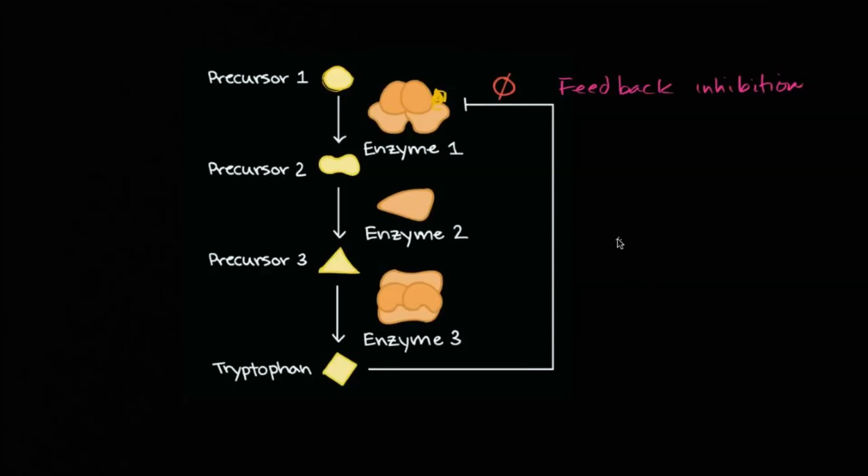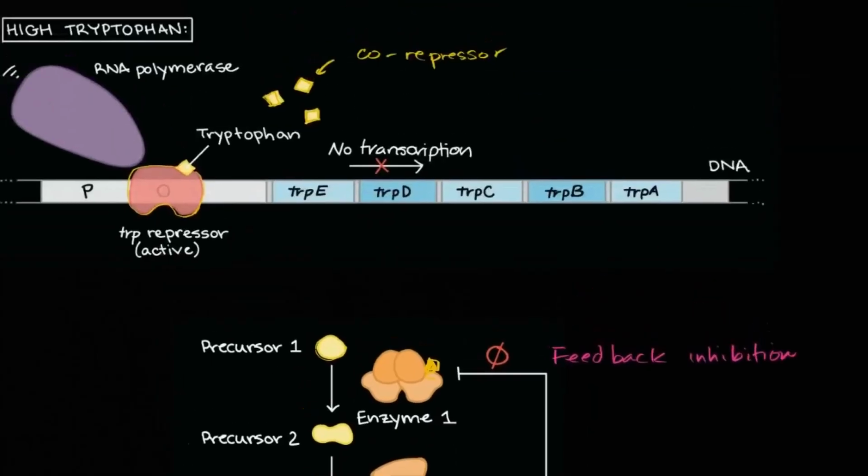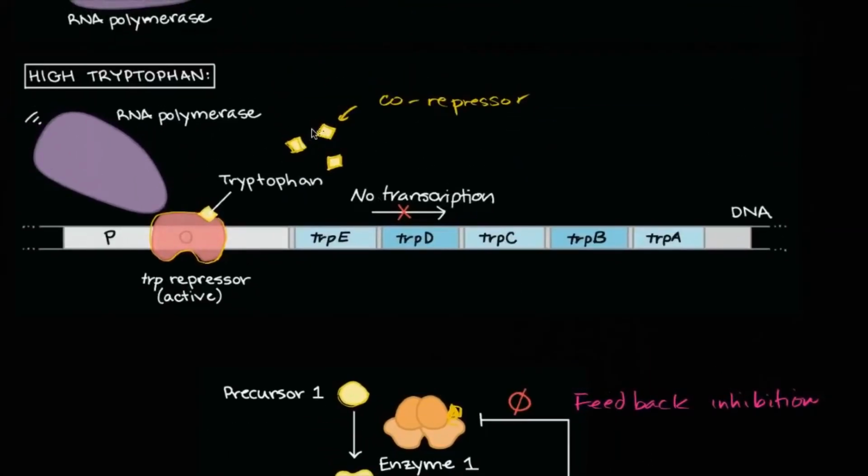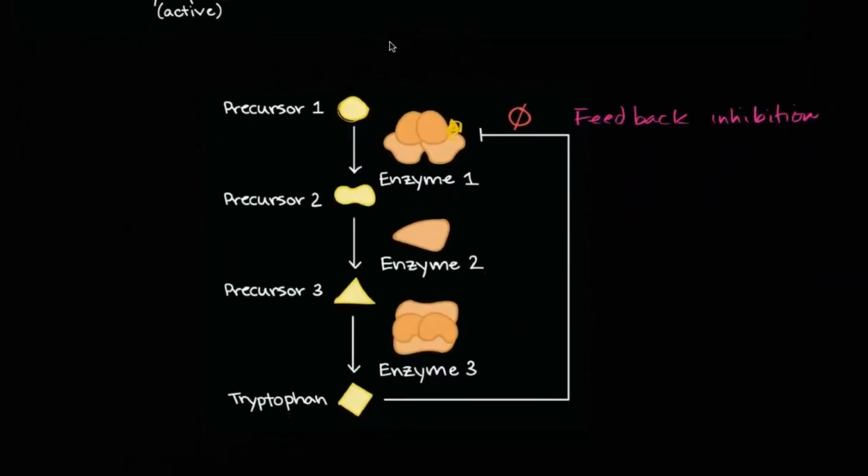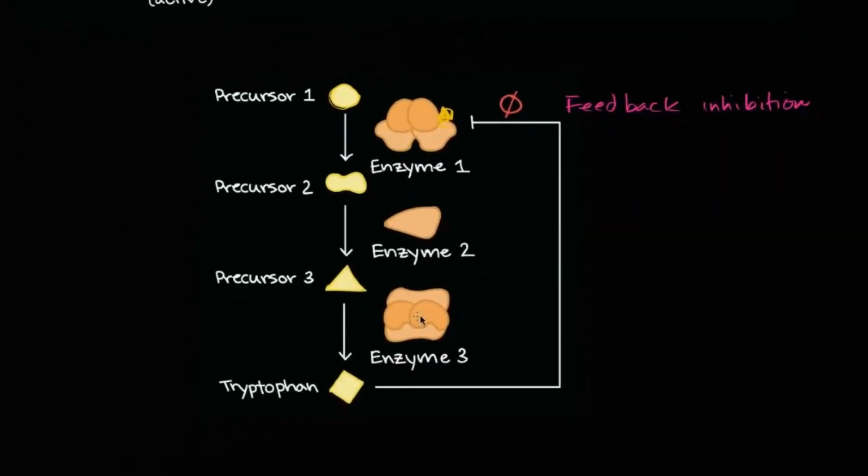But the ones that are most typically talked about are what we just talked about here, where tryptophan acts as a co-repressor of the TRP repressor, and also the feedback inhibition, which once again is not really about gene regulation, but you can see how the product of this process can go back and inhibit one of the first enzymes.